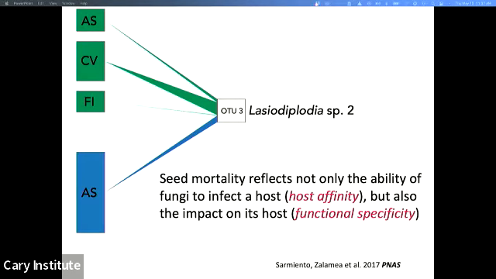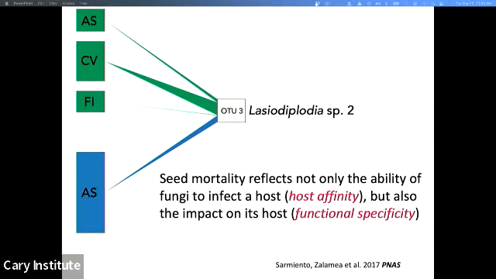But what is remarkable is that this species of fungus was only recovered from dead seeds of Annona spraguei. But we found that fungus also on Ficus insipida and Cochlospermum vitifolium, 2 other species of seeds.